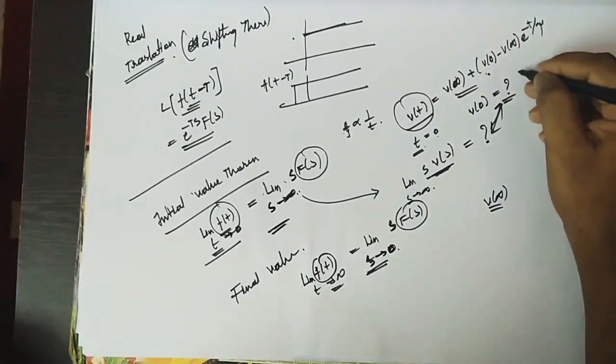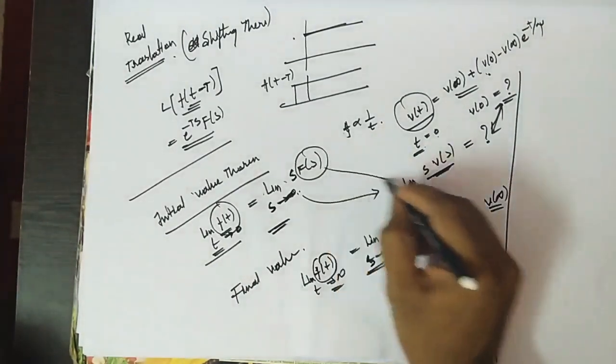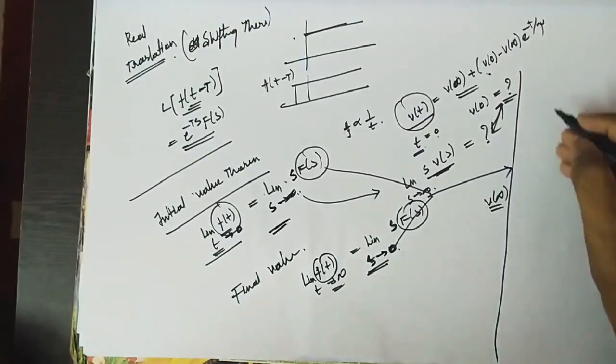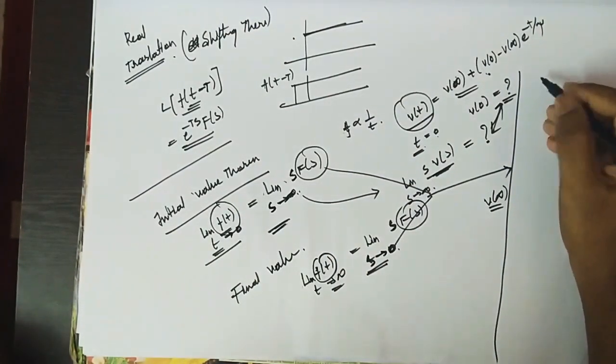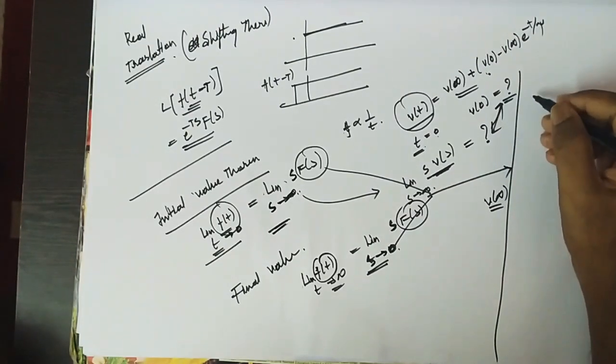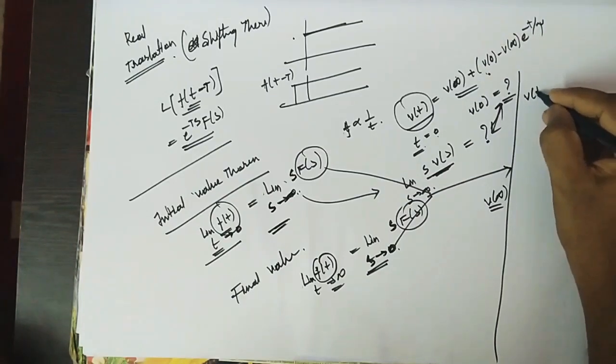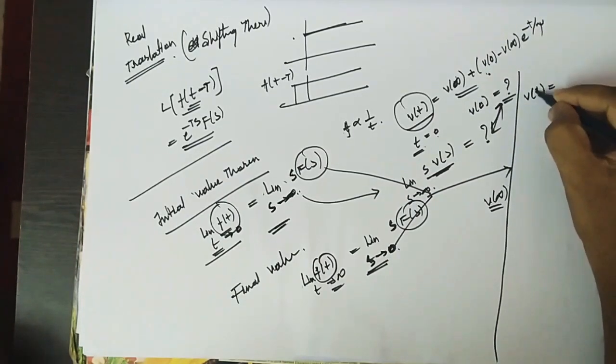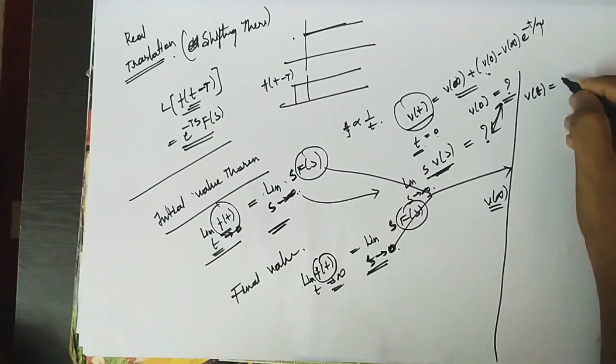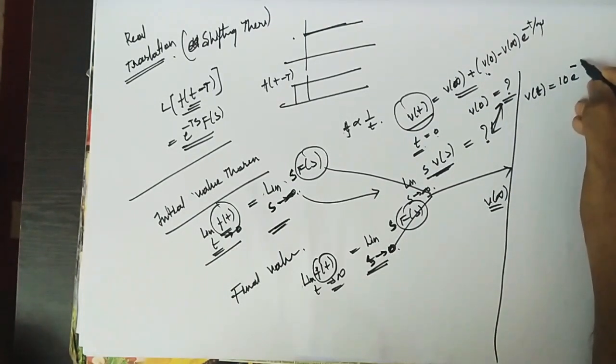So now I'll explain these two things here. Suppose you got a function, for example, v of t equal to 10 e power minus 2t.